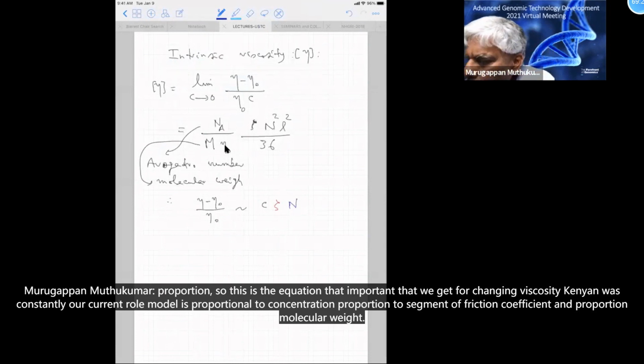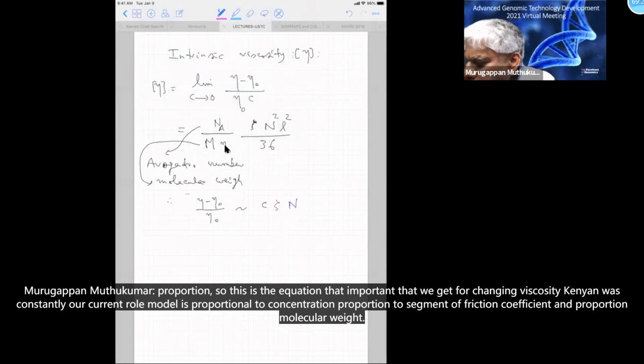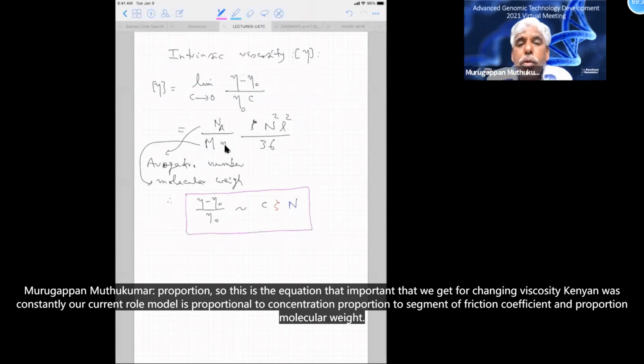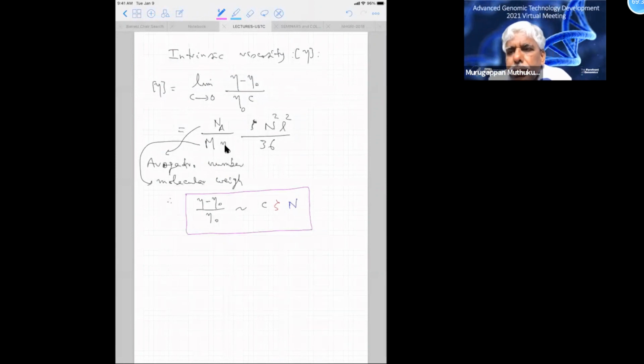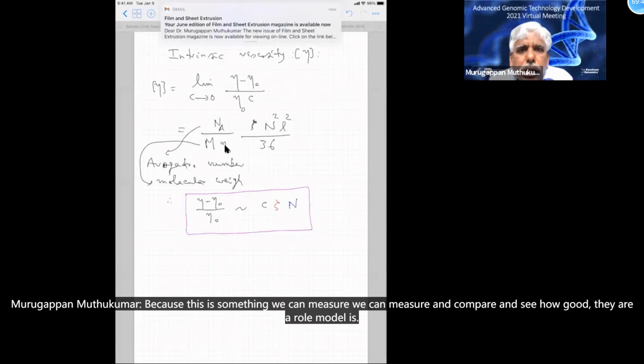This is an important result for the change in viscosity. According to the Rouse model, the change in viscosity is proportional to concentration, proportional to segment friction coefficient, and proportional to molecular weight. Because this is something we can measure, we can compare and see how good the Rouse model is.